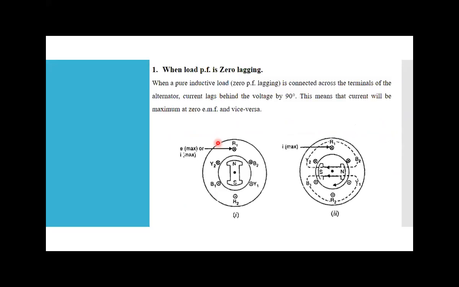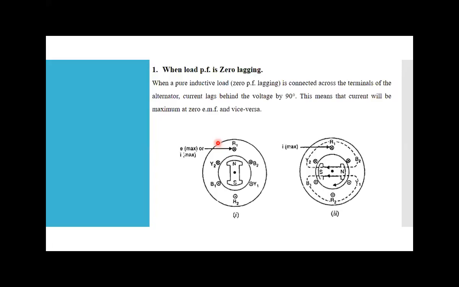As I also told you, my current is 90 degrees lagging the voltage. Suppose at that point I require my current at maximum value. In inductive load my current is 90 degrees lagging, which means my voltage is 90 degrees leading.